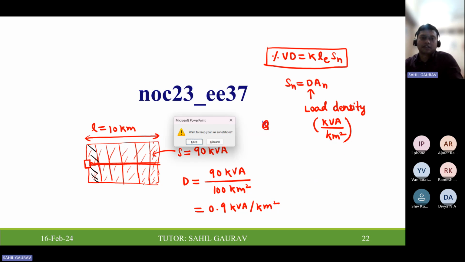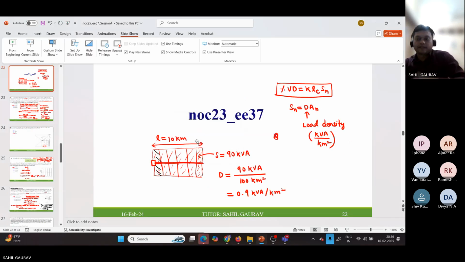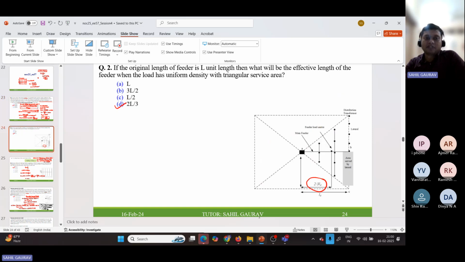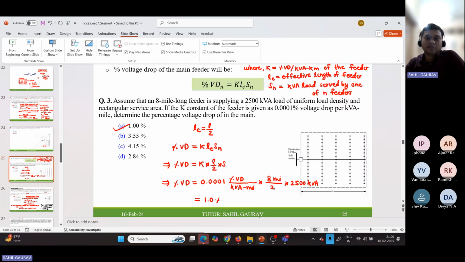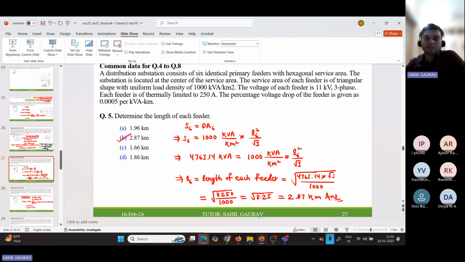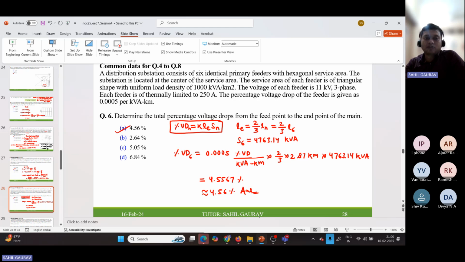So another, we don't have much time, so let us just go through another assignment, for 2023. We have solved this type of problem, which is based on the K constant, then effective length, and again voltage drop. This is substation size, and a similar type of problem is asked in your current assignment: length of each feeder, voltage drop.